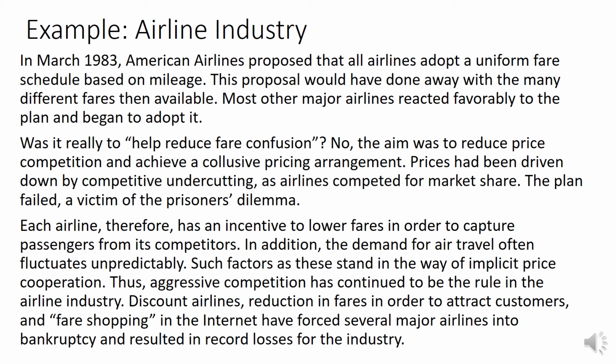Air travel has very unpredictable demand. None of us have been on a plane in a while. 2 years ago, we couldn't have predicted that. So aggressive competition always hurts the airline industry.